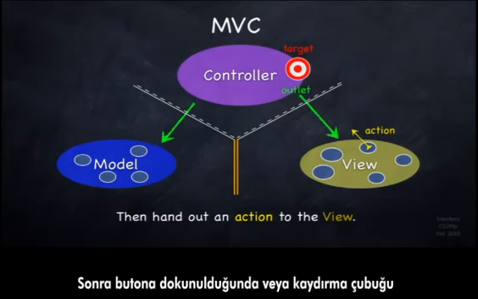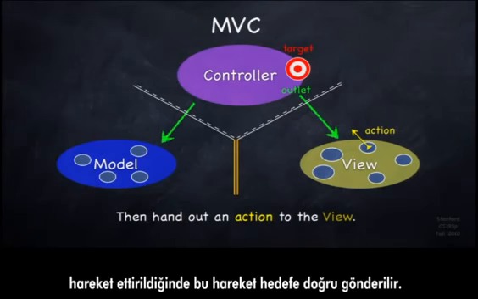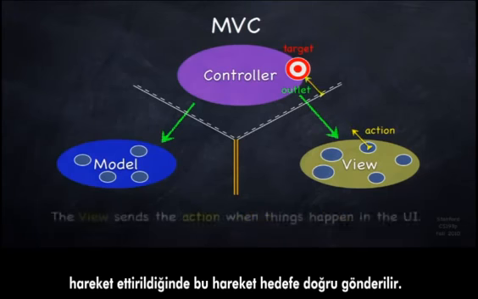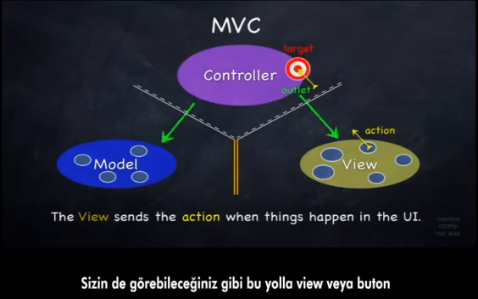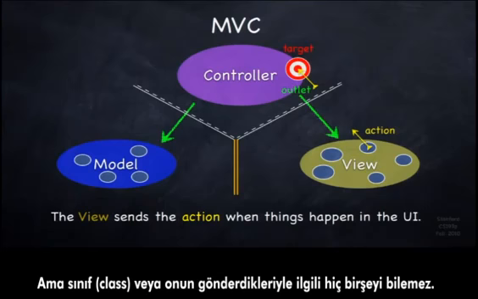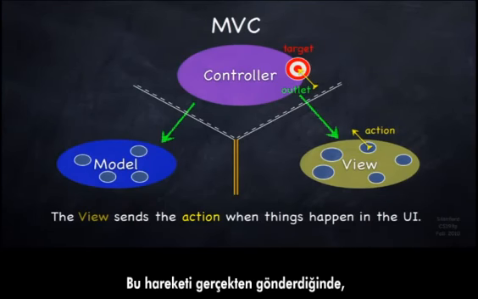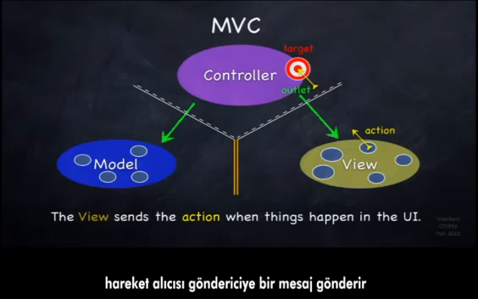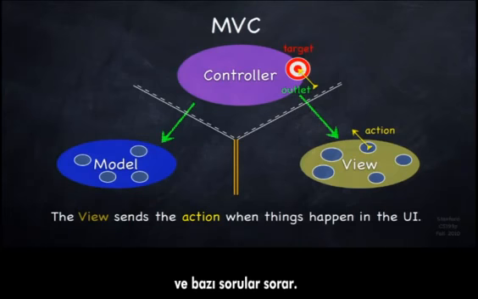Then, when the button gets touched or the slider gets moved, this action gets sent to the target. So the button just knows it's sending some action to some target. It doesn't know anything about the class of the thing it's sending to. And when it sends that action, the receiver of the action can actually send a message back to the sender and ask it some questions.